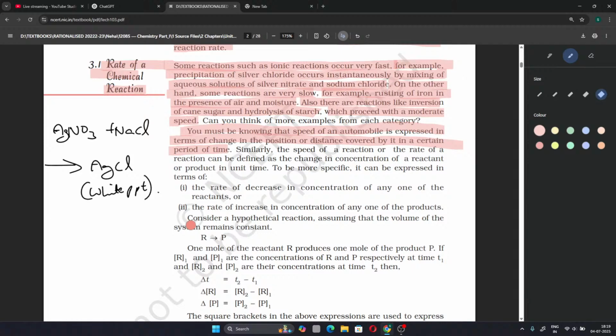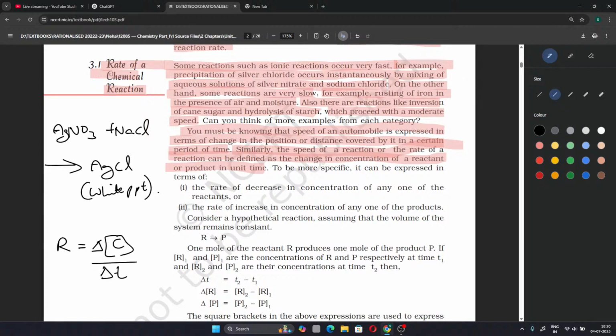Similarly, the speed of a reaction or the rate of a reaction can be defined as the change in concentration of a reactant or a product in unit time. Rate equals change in concentration by change in time.